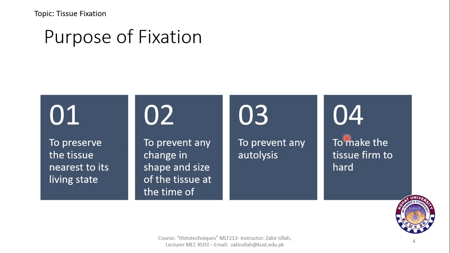A very hard tissue is also not suitable and is inappropriate to process. If the tissue is fixed for more than the required time, then it becomes harder. Therefore, we need firm to hard tissue so that it can be processed adequately and we can get good results from the tissue.